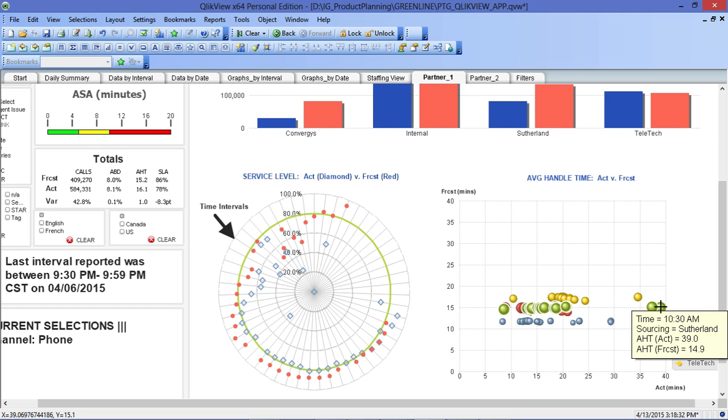The last one from a partner perspective, just a few other ideas around visualizing the data. This is held calls versus handled calls. So if you have a third-party vendor or a few third-party vendors, you can understand where they are putting your customer on hold.